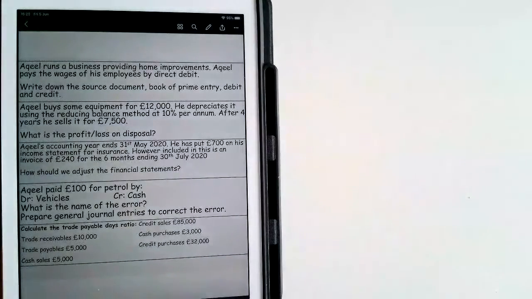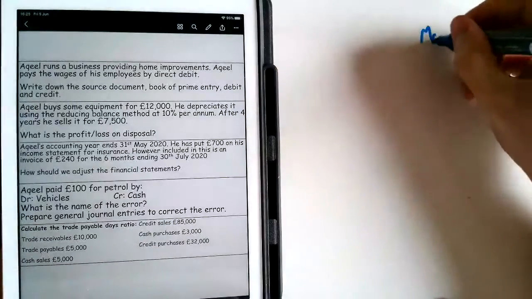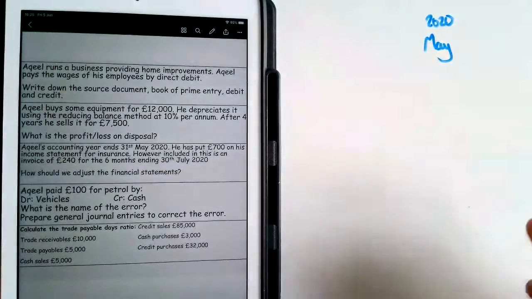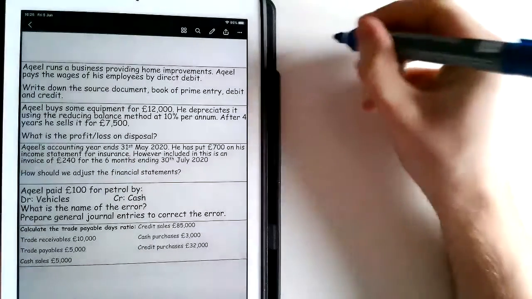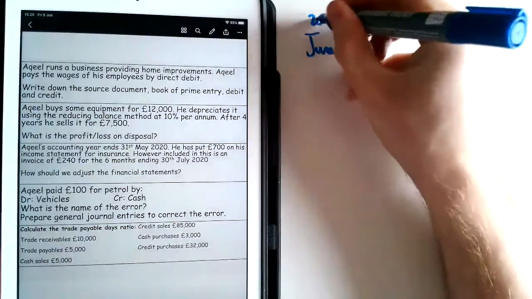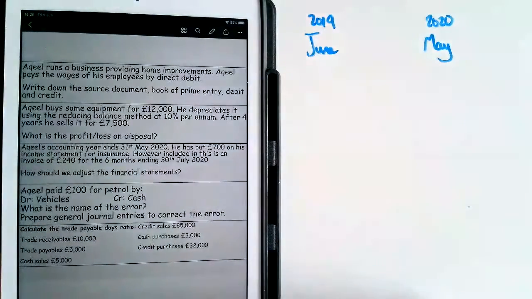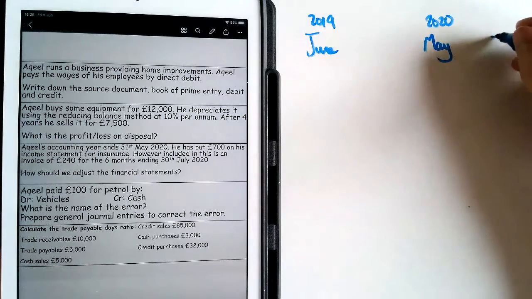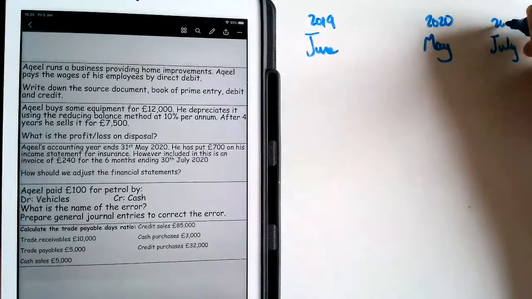Next one. Akil's accounting year ends May 2020, so that means it begins June 2019. He's put £700 in the income statement for insurance. However, included in this is an invoice for £240 for the 6 months ending July 2020.